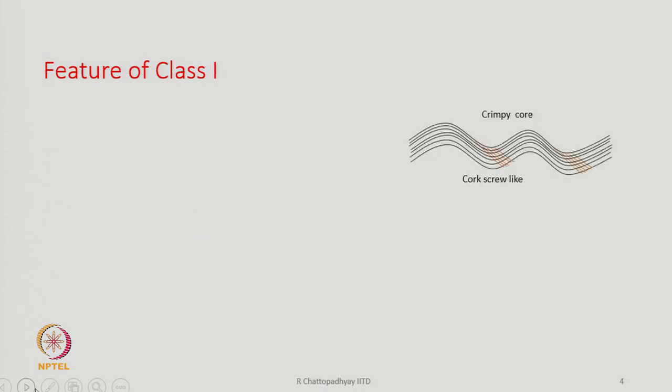Now, what is the feature in class 1 type of wrap portions? The diagram is shown here, and what are the specialities in this diagram? First is the core part. If you look at it, there are a lot of parallel lines I have drawn, which indicate that the fibers are basically parallel with respect to each other, and as if there is no twist in it.